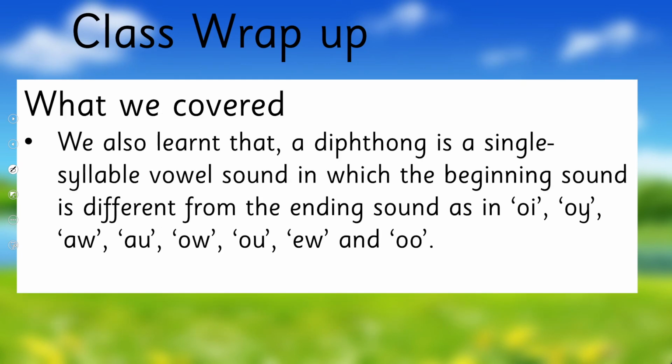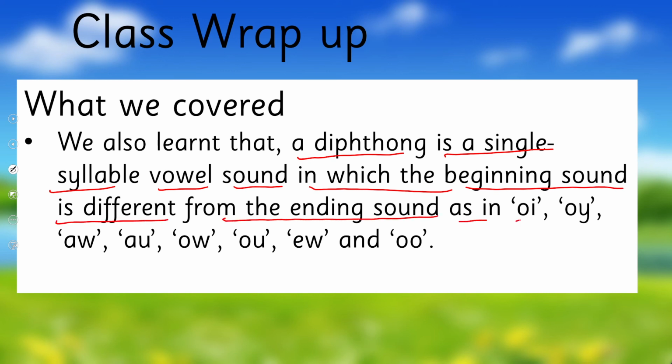We further learnt that a diphthong is a single syllable vowel sound in which the beginning sound is different from the ending sound, as in OI, OY, AW, AU, OW, OU, EW, and double O.